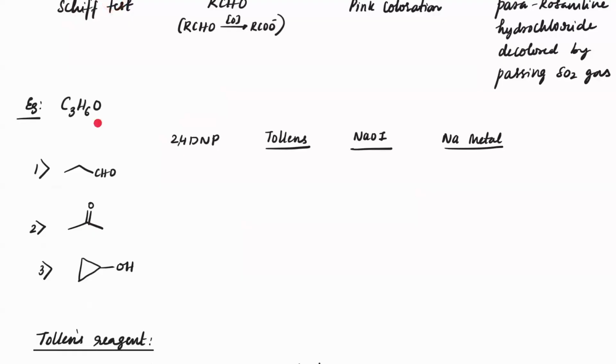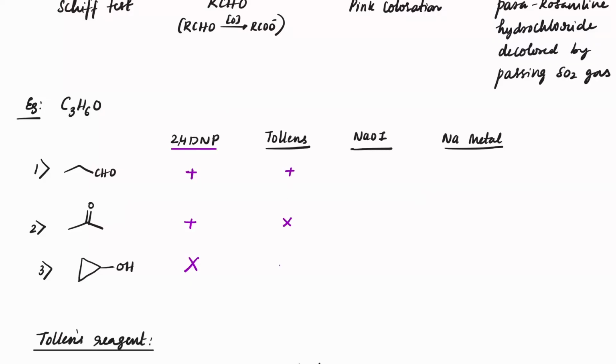Normally, if you have a molecular formula C3H6O, I could imagine an aldehyde or a ketone or an alcohol. Of course, you can have an ether also, but ethers are non-reactive, so I'm not using that. In case of 2,4-DNP, aldehydes will give positive, ketones will give positive, and alcohols will not give any test. Tollens test: aldehydes will give positive.